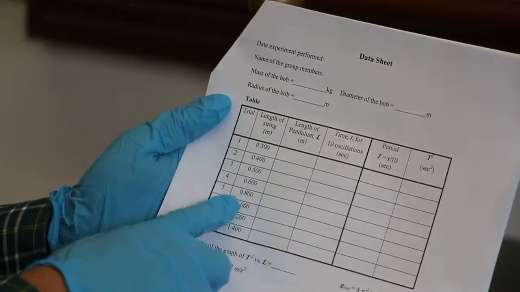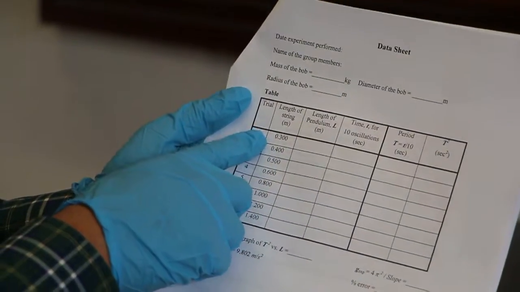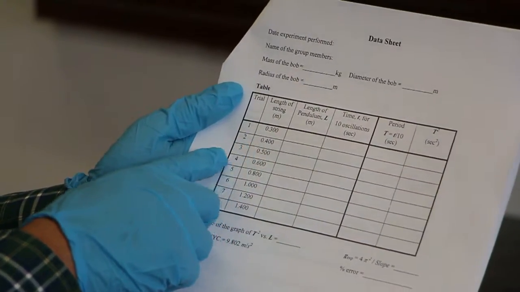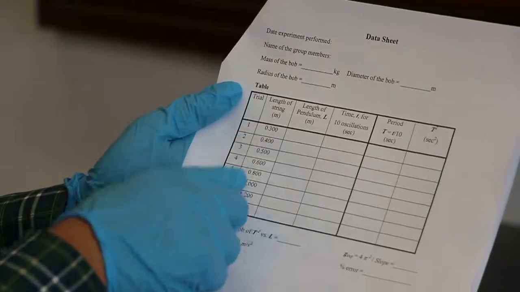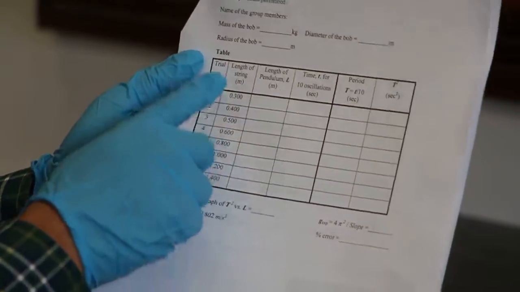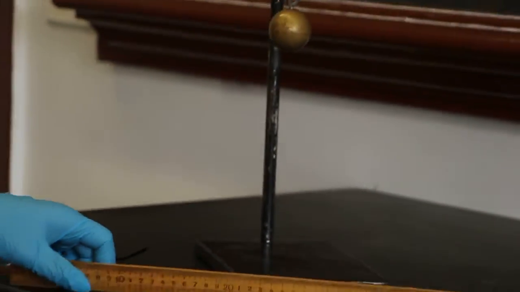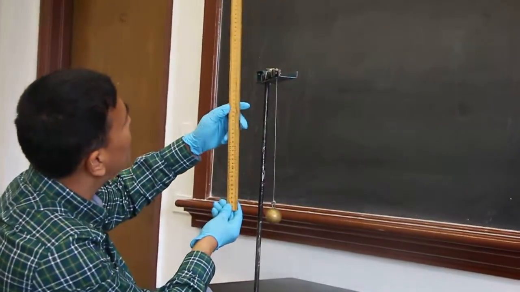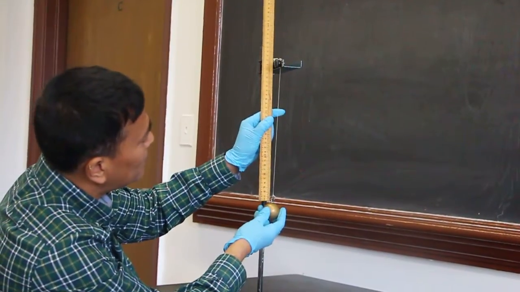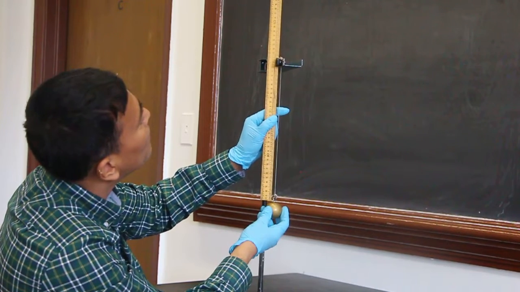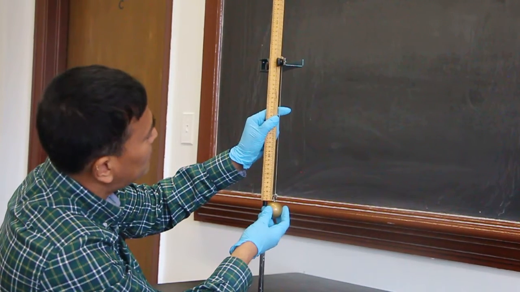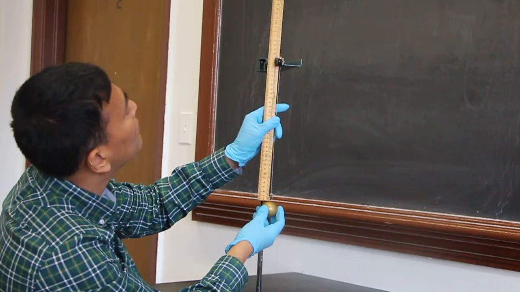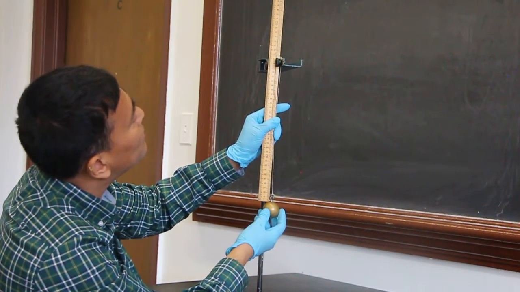And we have here different lengths, 0.3, 0.4, 0.5, 0.6 and so on. These are all in meters. So I'm going to adjust the length first. So the length here is now 30 centimeter.